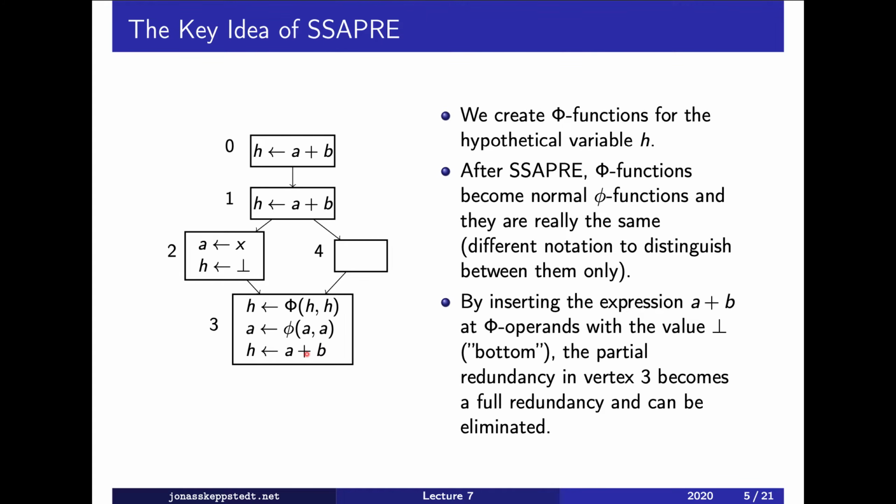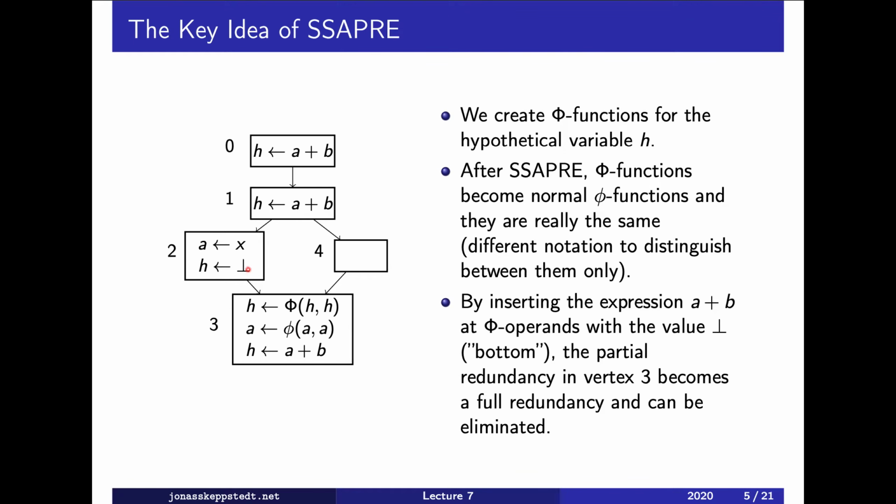And it turns out that whenever there is an operand to this phi function which has the value bottom, then it might be a good idea to insert a plus b here. We will see exactly why and when later, but this is the real key idea to SSAPRE.